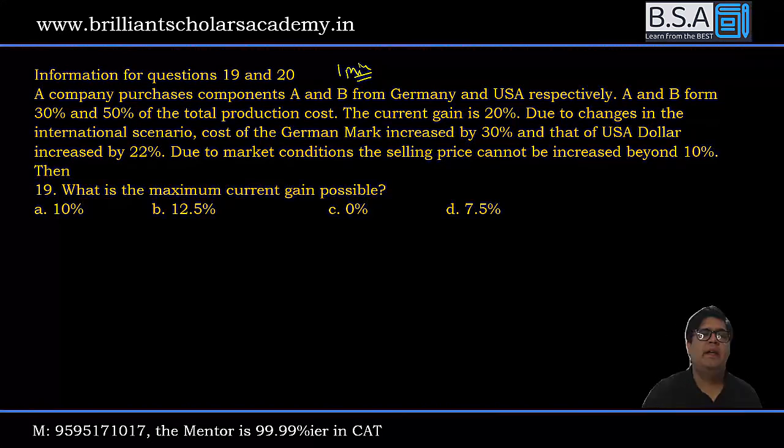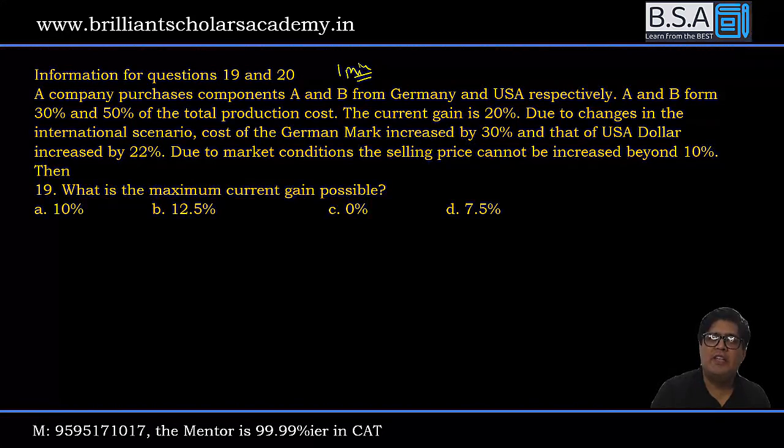A company purchases components A and B from Germany and USA respectively. A and B form 30% and 50% of total production cost. The current gain is 20%.